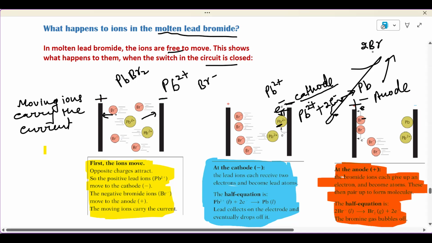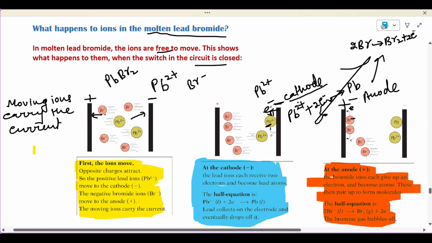We need 2 bromine atoms to make bromine gas because bromine is diatomic. So it becomes bromine gas after losing 2 electrons. We can write minus 2 electrons on the left-hand side, or we can release 2 electrons on the right.